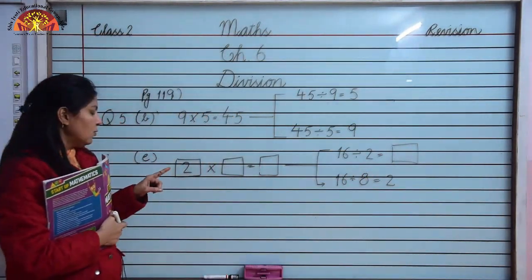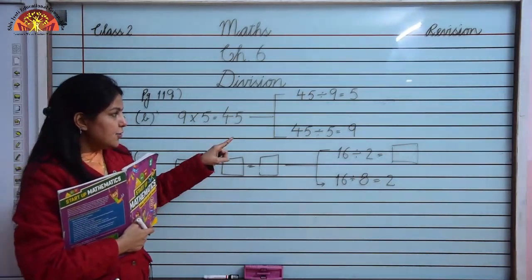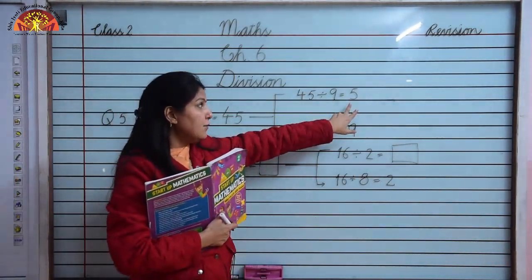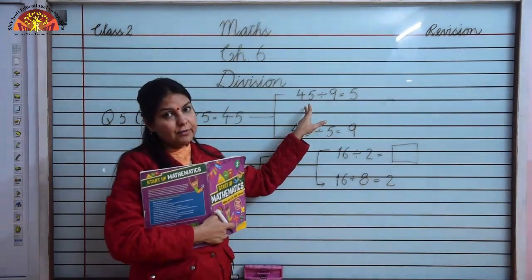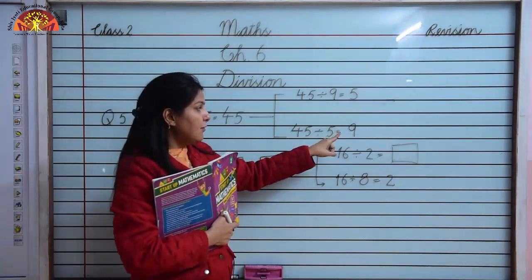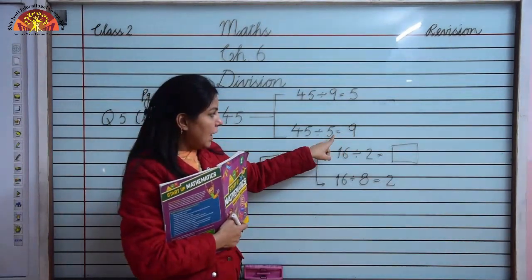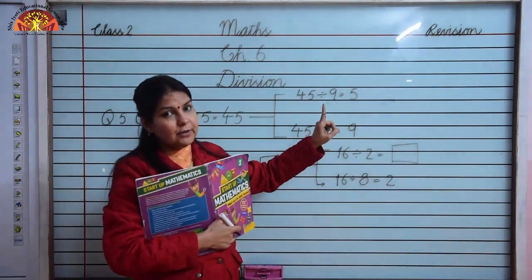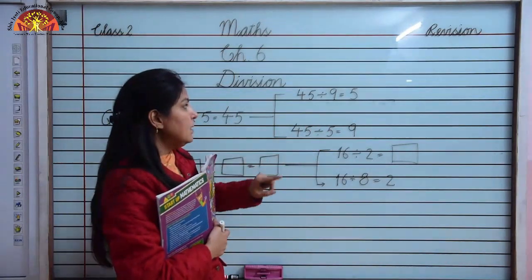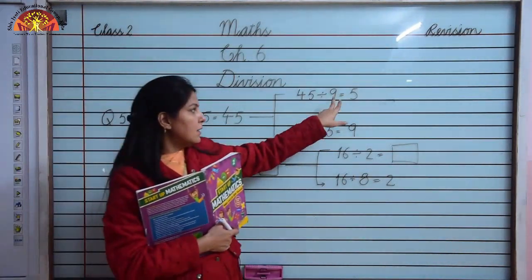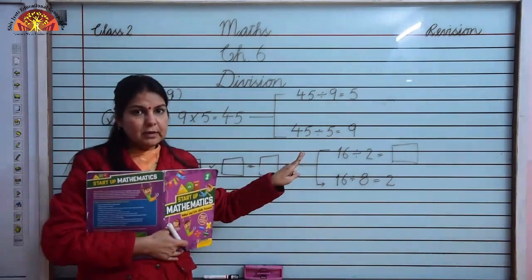Okay. Now children, here as you know, when we multiply these two numbers, 9 5s are 45, then we will get 45. When we will reverse it, now we will multiply 5 to 9, then again we will get 45. It means when we will change the order of these two multiplication numbers, then answer will be the same.